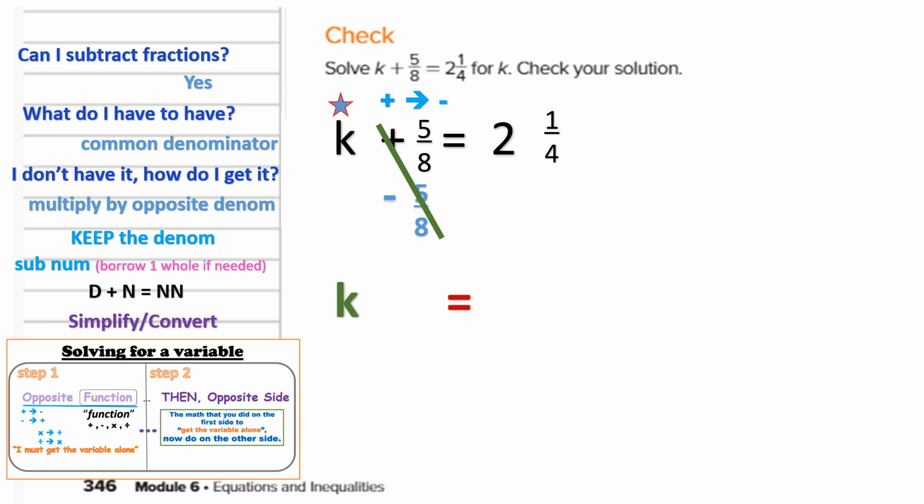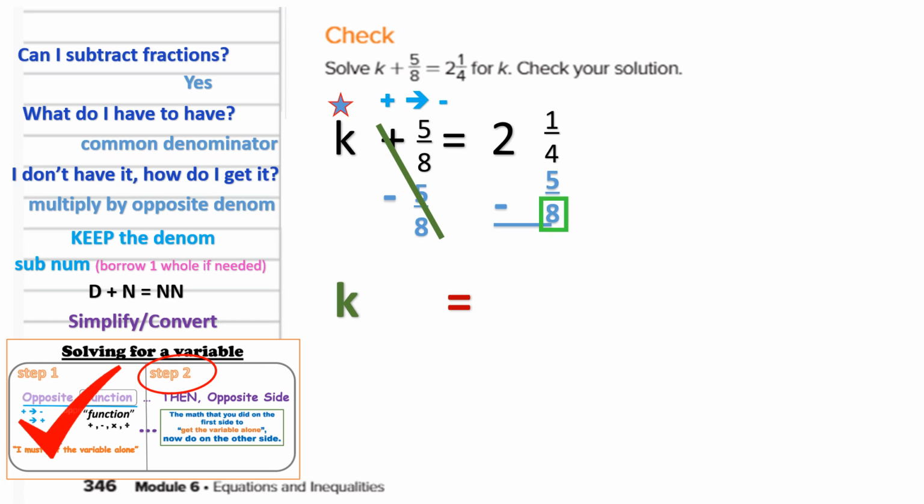So if I subtracted by 5/8, I then do it on the opposite side, and I'm going to subtract by 5/8. And if I'm subtracting by 5/8, then I have to go through those questions again with fractions. Can I subtract fractions? Yes. What do I have to have? Common denominator. Do I have it? No. So I have to create it.